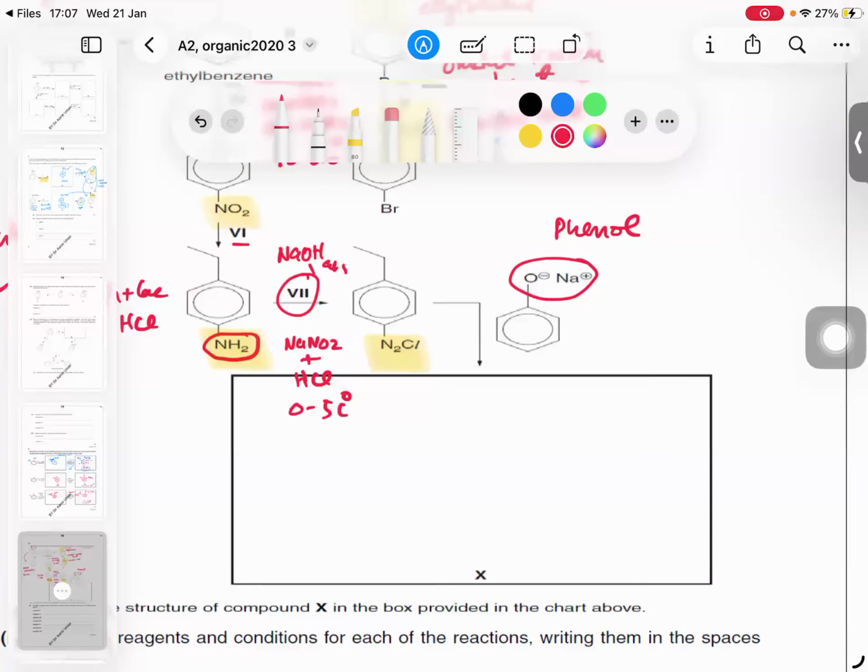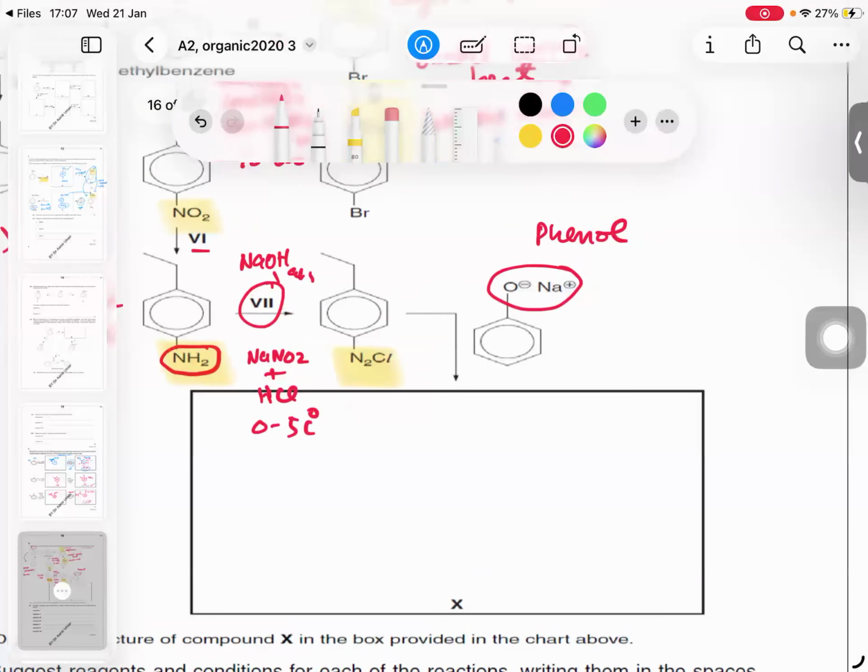So, when phenol reacts with BDC, what is formed? A compound named what? Azodye. Okay, and what was the principle for the azodye?